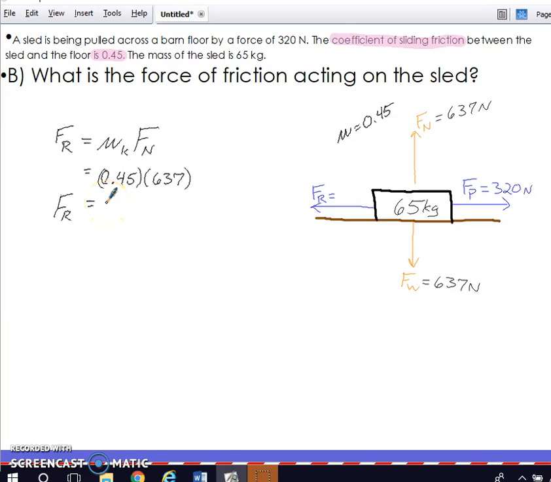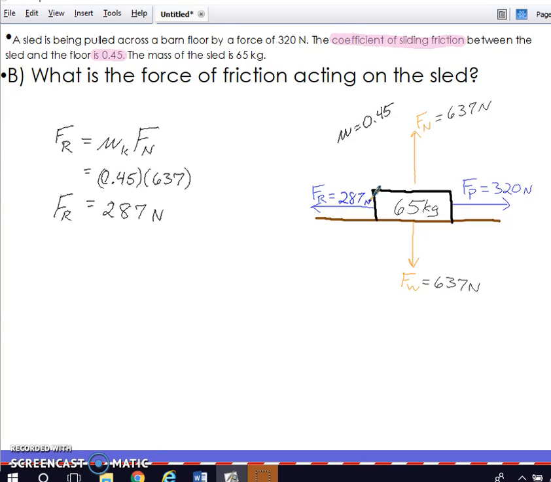Now I'm going to round up to 287. Okay. So my friction force is 287 newtons.